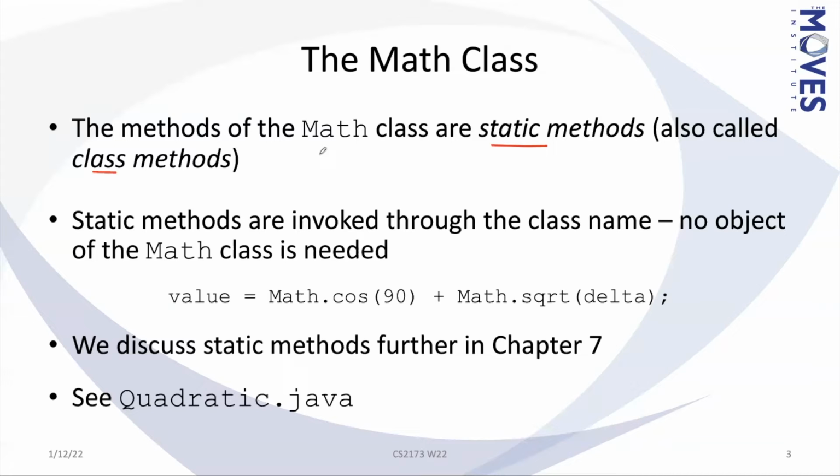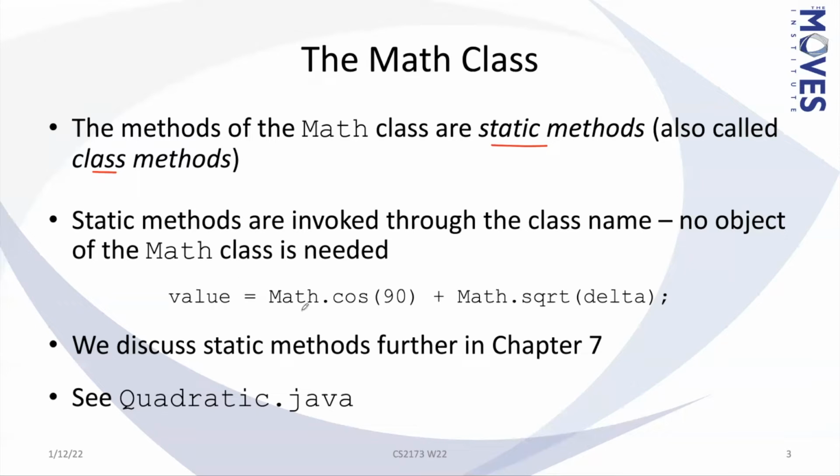And the difference between a static method and an instance method that we've talked about has to do with how they are invoked. An instance method is invoked on an object. A static method is invoked on a class.